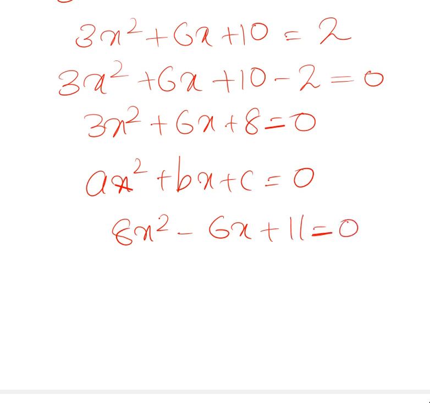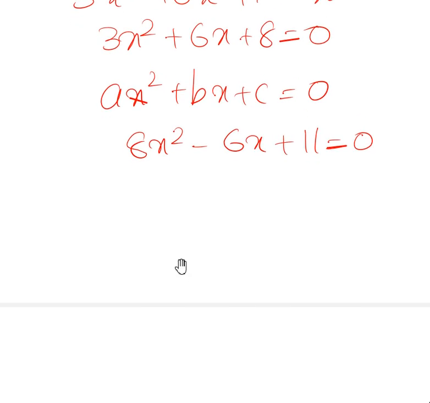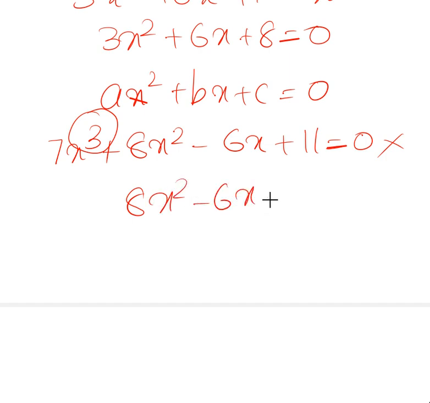This is a quadratic equation. Then what about this one? 7x³ + 8x² − 6x + 11 = 0. This is not a quadratic equation because the highest power of the variable is 3 here, not 2.